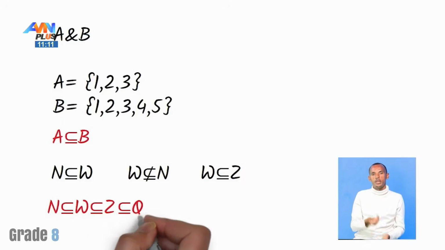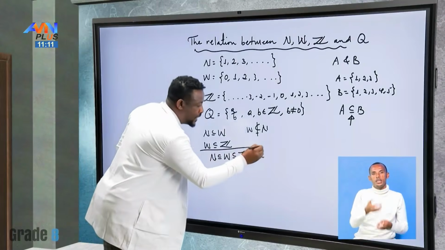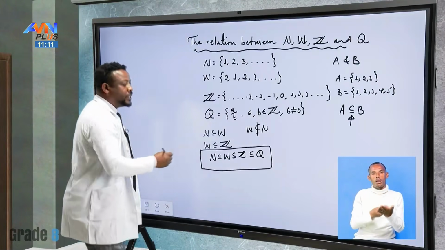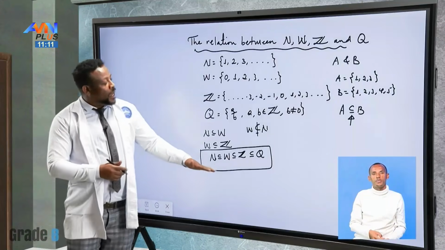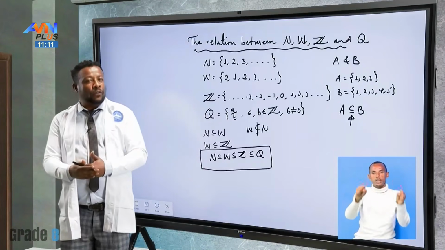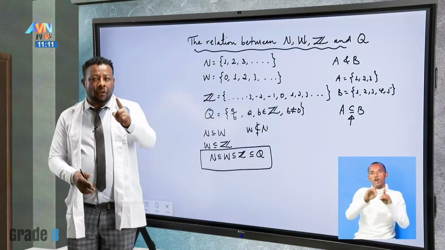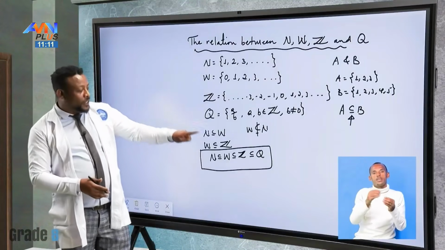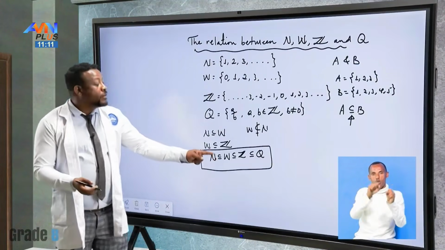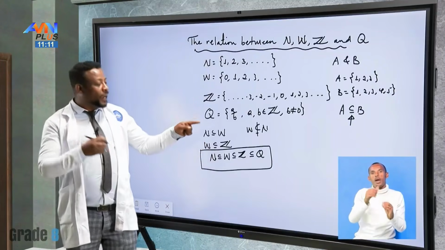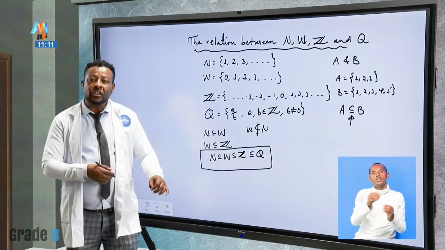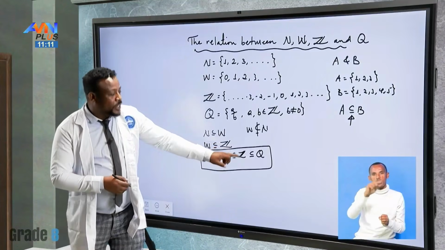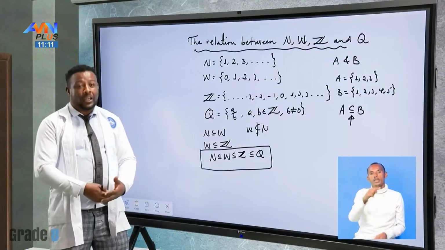So we can add one more relationship. So this is the relationship between these 4 sets of numbers, right? Don't forget, every natural number is contained in the set of whole numbers. Every whole number is contained in the set of integers, and every integer is contained in the set of rational numbers.